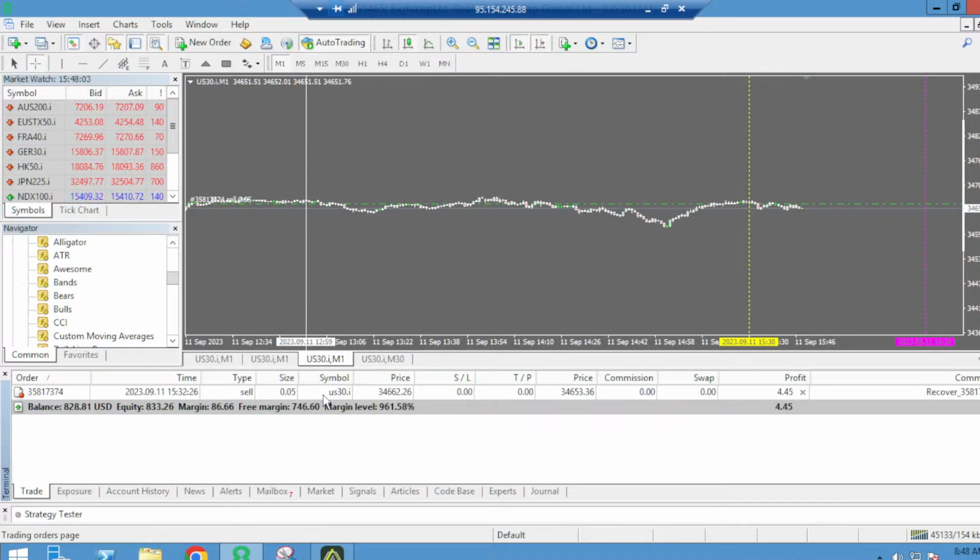Trickling down slowly. Getting a slight pullback.